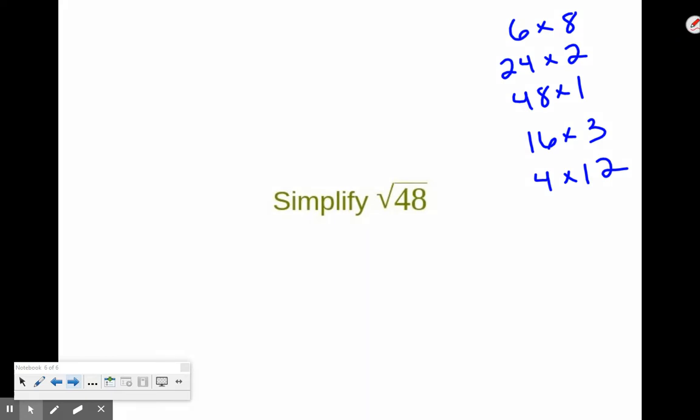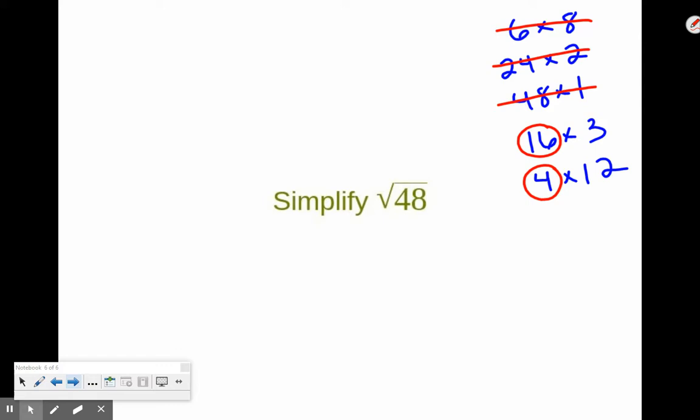I want to look for those perfect square numbers. And I notice, look, 16 is a perfect square number, and I have 4 as a perfect square number. I don't have any perfect squares in any of these other ones. So now what do I do? Always pick the biggest perfect square.